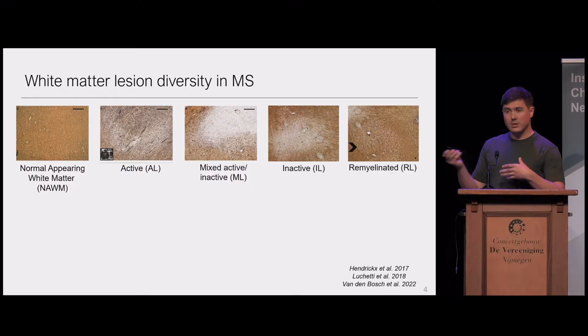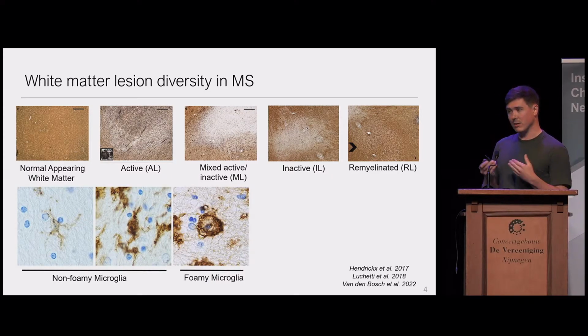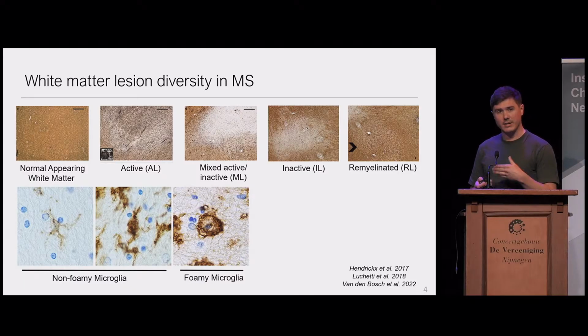Now, the white matter lesion pathology in MS is quite diverse. As Bart already mentioned, there are these different lesion types, active lesions and mixed active and inactive lesions with these cores and rims. However, I want to put one more layer of separation on top of that: we also now classify lesions according to the morphology of the microglia that you find in these active or mixed active inactive lesions.